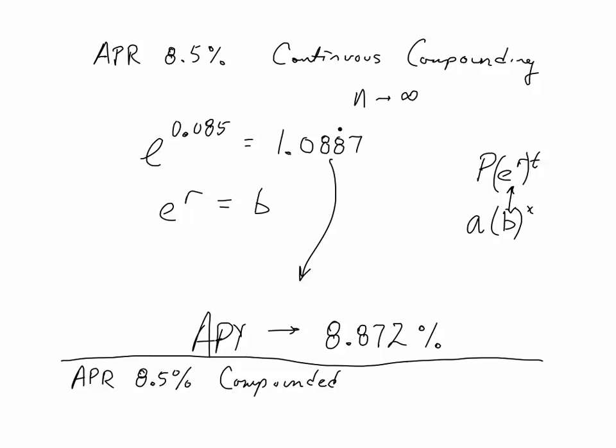Before we do it, will it be less than 8.5, between these two, or greater than this one? Brooke says between. Okay, can you do it? What will the APY be? You had homework like this, right?